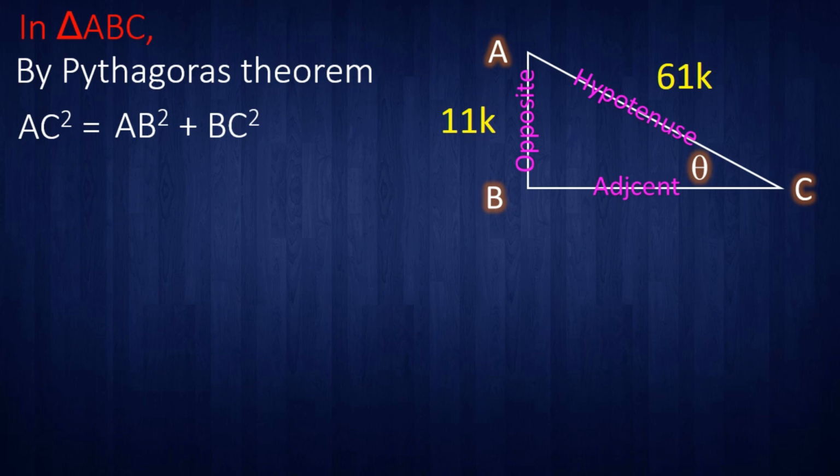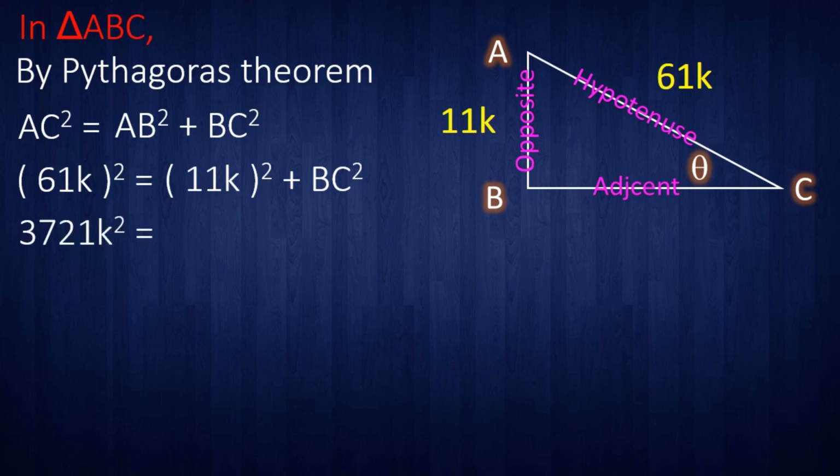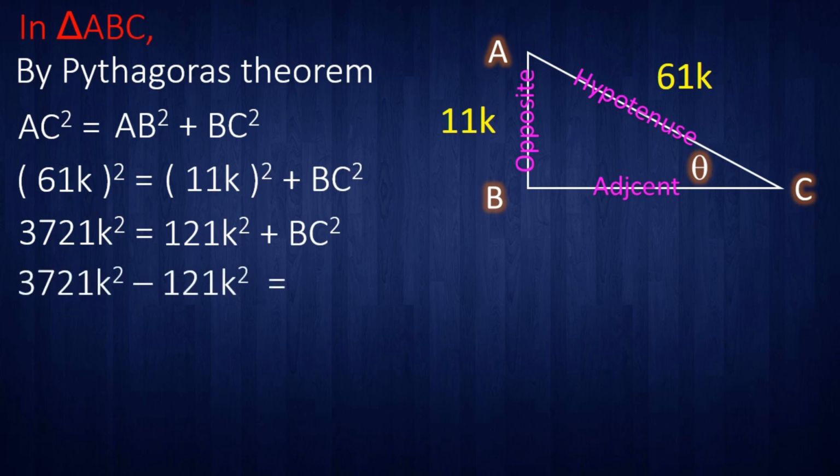AC value is 61K whole square, AB value is 11K whole square plus BC square. 61 square is 3721 K square, 11 square is 121 K square, plus BC square. Take 121 K square to the left hand side, it will become minus, is equal to BC square. Subtract, you will get 3600 K square is equal to BC square.